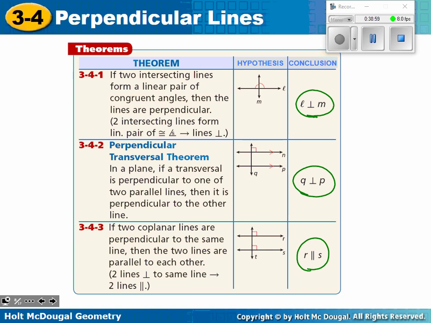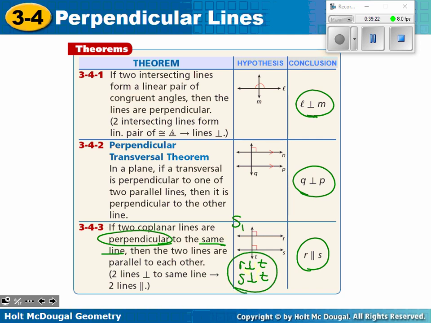If 2 coplanar lines are perpendicular to the same line. So look at the picture. Do you see that R is perpendicular to T? Okay, and do you see that S is perpendicular to T? Okay, so in your proof, you would have to have this listed as one of your statements.